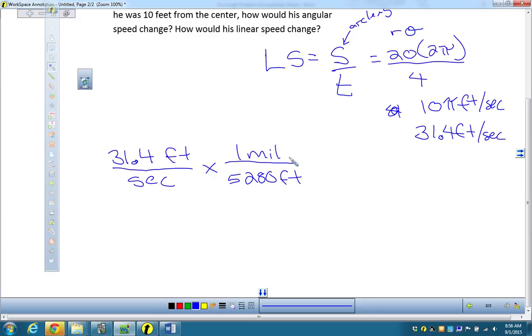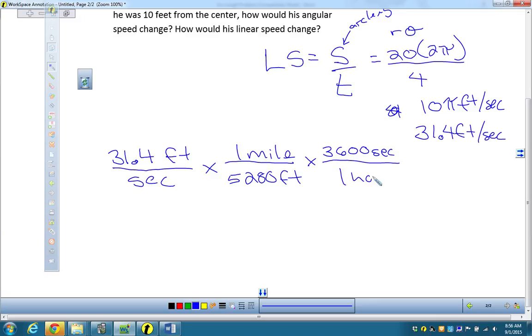And then you have to turn seconds into hours. How many seconds in an hour? 3,600, because it's 60 times 60.